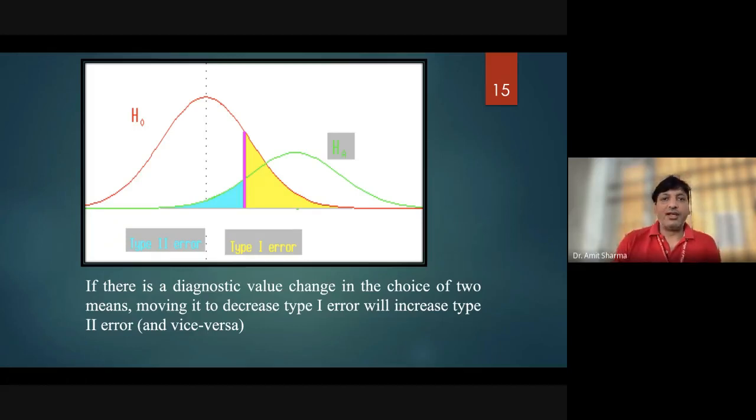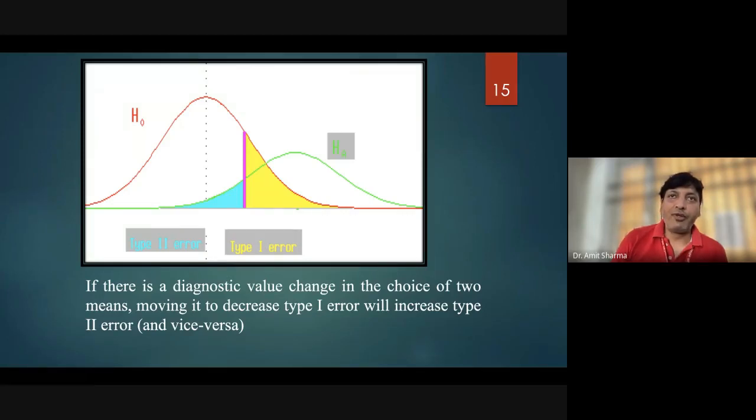You can see with this graph, for example, this is our null hypothesis, which is shown in red color, and this is our alternative hypothesis, which is shown in green color. Whenever we are going to prove that A is causing B, we keep in mind that both hypotheses can occur: either the alternative will be true, or your null can be true.